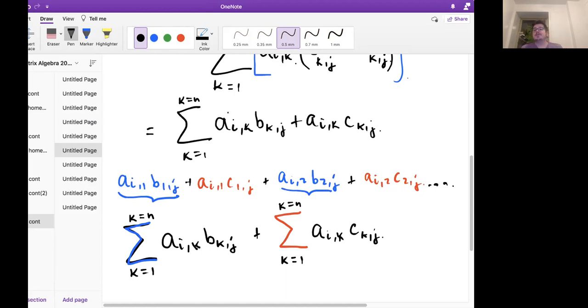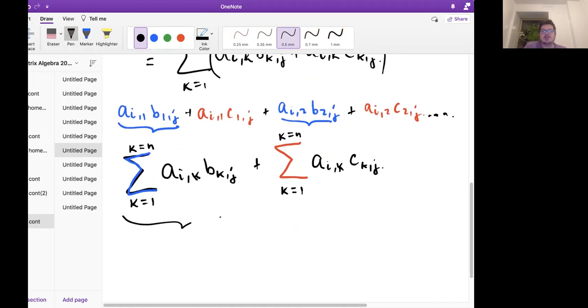Everyone see what we're doing there? We're just using the commutativity of normal summation to split this sum into two separate sums. Everyone see that? So this is a property of the sigma notation, which we're essentially just proving here, that sigma notation is distributive.